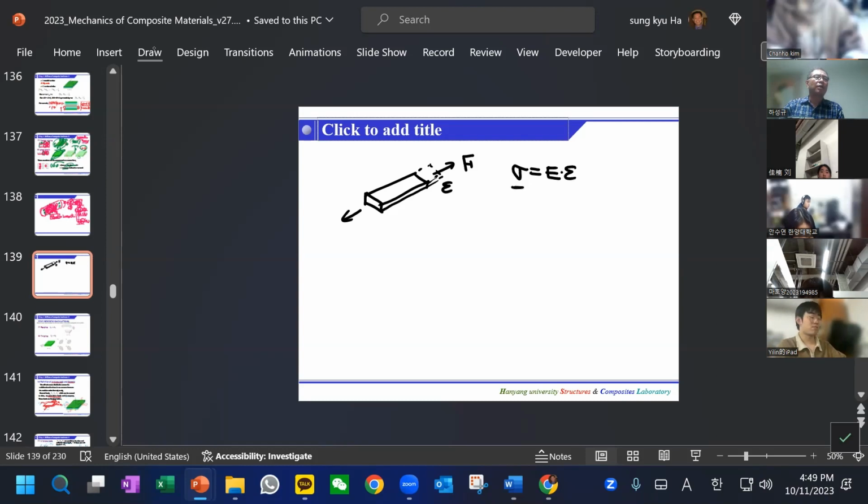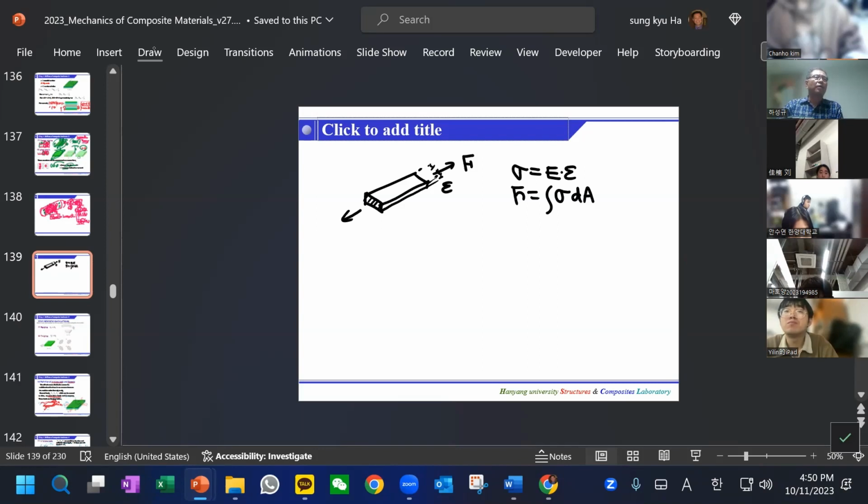And now another equation is the force. The force is the integration of this stress over the area, right? The reason we are using the integration is that this can be a laminate or can be any materials.